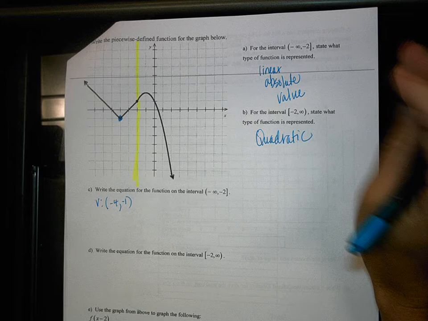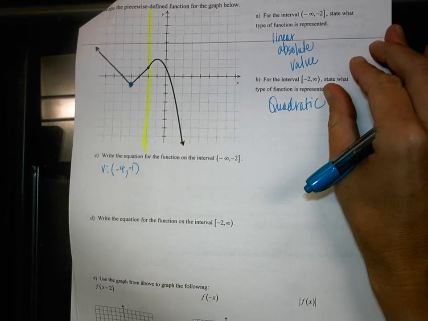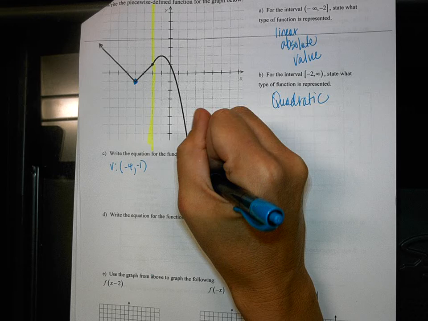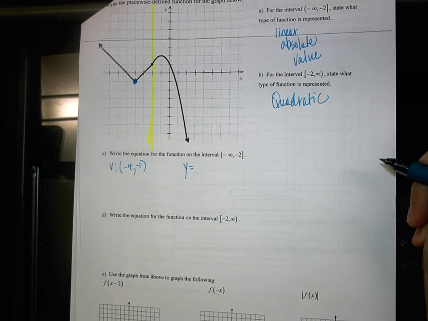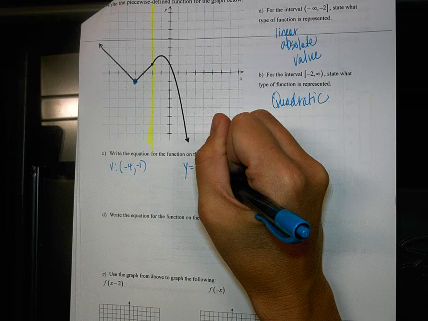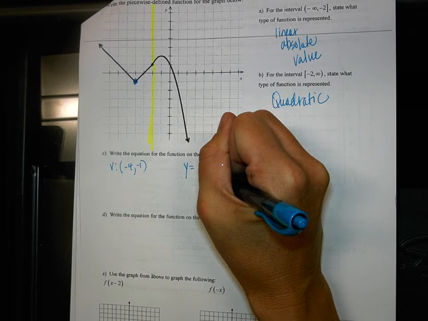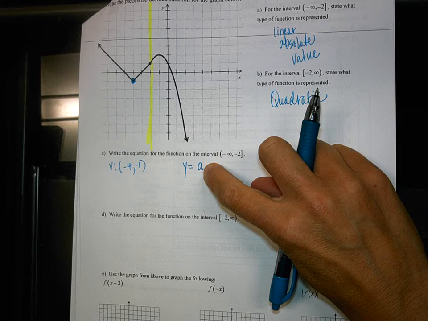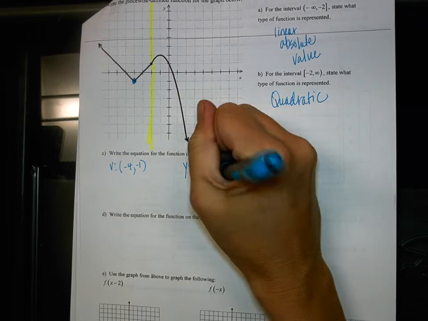So if we start to write this equation, we would write it as what? Y equals, close, we're going to do A, because we don't know what that is yet, correct? Absolute value, and what's going to go inside the absolute value?